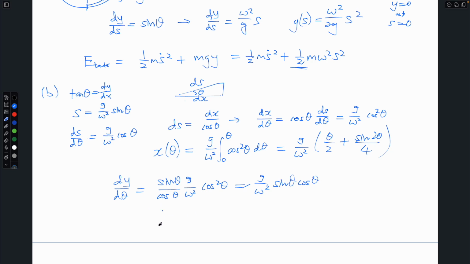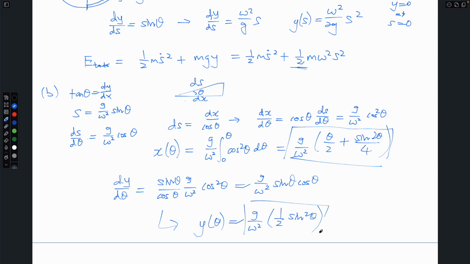Okay, and then you can solve the differential equation again by integrating, and you should get y of theta is equals to g over omega squared half sine squared theta. Okay, so these are the two parametric equations. You can write them in terms of t by expanding omega as a function of the period. Do you have any questions?